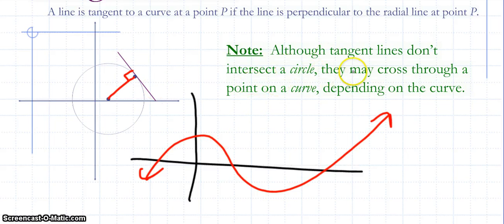However, what this is saying is it could intersect the curve somewhere else. So for instance, if I have some point of tangency here, then my tangent line would look something like this. So it does not intersect the curve at the point of tangency, but it could intersect the curve somewhere else. That's just something we want to make sure we understand about a tangent line. It's not crucially important, but it's basically understanding that when we say tangent line, that doesn't mean that it never intersects the curve. It just means it doesn't intersect at the point of tangency. Okay, beating that one to death.